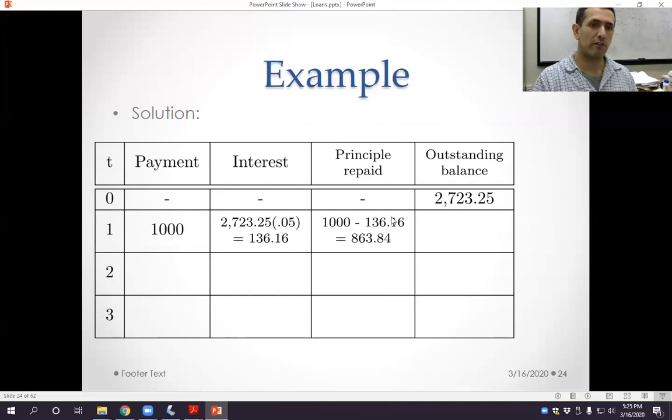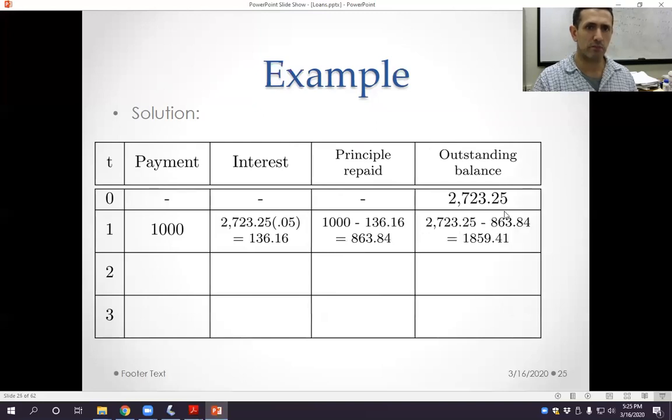What you have left is what you use to chip away at your principal. You have 863.84 left, and you use that to chip away at your principal. Again, outstanding balance is the same thing as principal. They're synonymous.